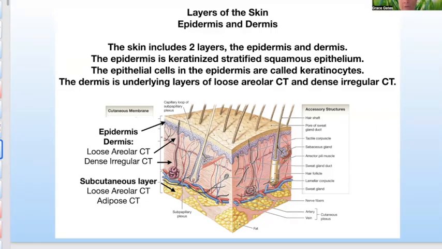Epidermis is just a special name for keratinized, stratified, squamous epithelium. The epithelial cells in the epidermis are called keratinocytes. The dermis is underlying layers of loose areolar connective tissue and dense irregular connective tissue.